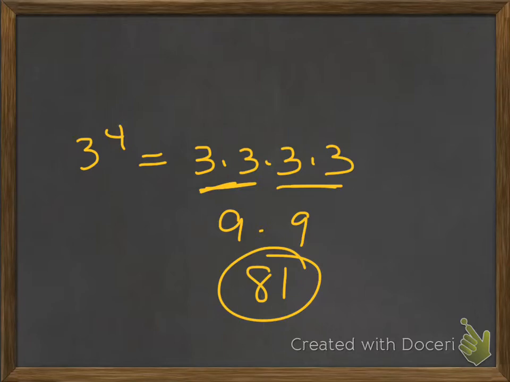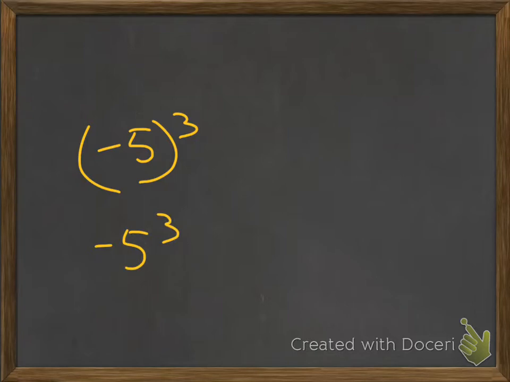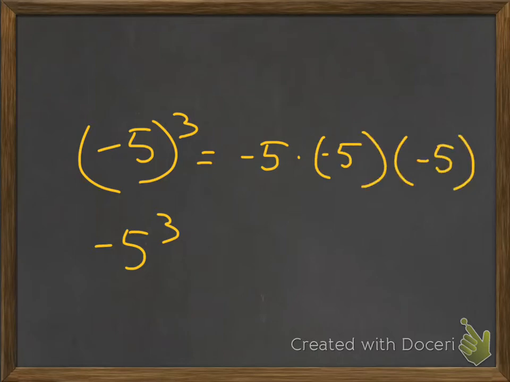So I want to make a distinction, though, between one that looks like this and like this. If I had negative 5 in parentheses to the 3rd and negative 5 to the 3rd without parentheses, these are different. You have to be real careful. With the parentheses, everything in the parentheses is being cubed. So this means negative 5 times negative 5 times negative 5.